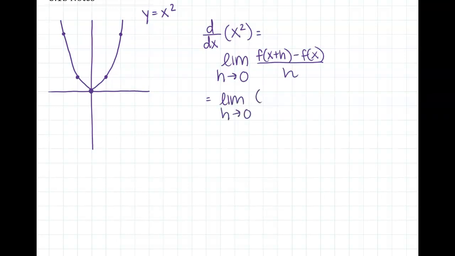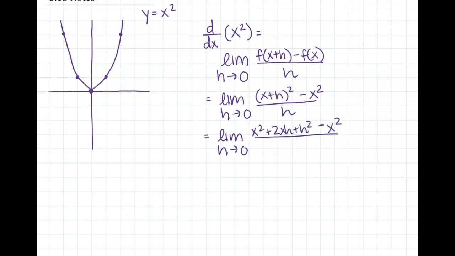F of x plus h is just x plus h squared, and f of x is just x squared, all over h. Limit as h approaches 0, x plus h squared is x squared plus 2xh plus h squared, and then we have minus x squared over h.